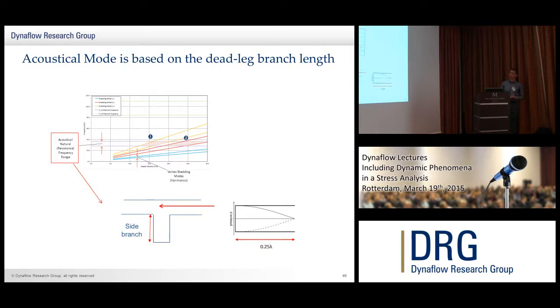If we go to the second mode, where we've got 3/4 of a wavelength, we move up to the green line here. As with the vortex shedding modes, there's a tolerance on this calculation. So here you see you've got overlap, and this is where we could have vortex shedding downstream.